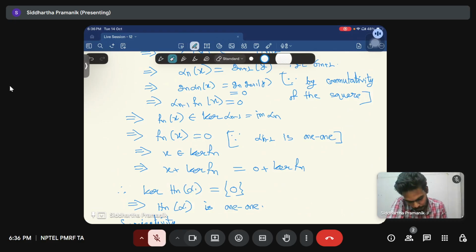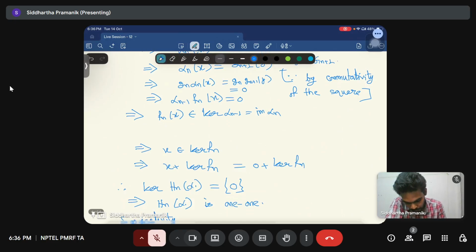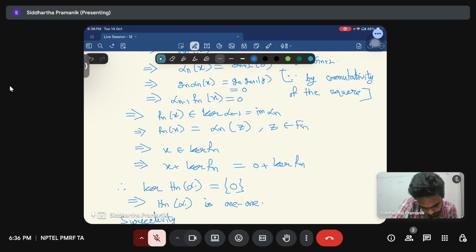So this will imply f_n x is the same as some alpha_n of z, where z belongs to f_n.